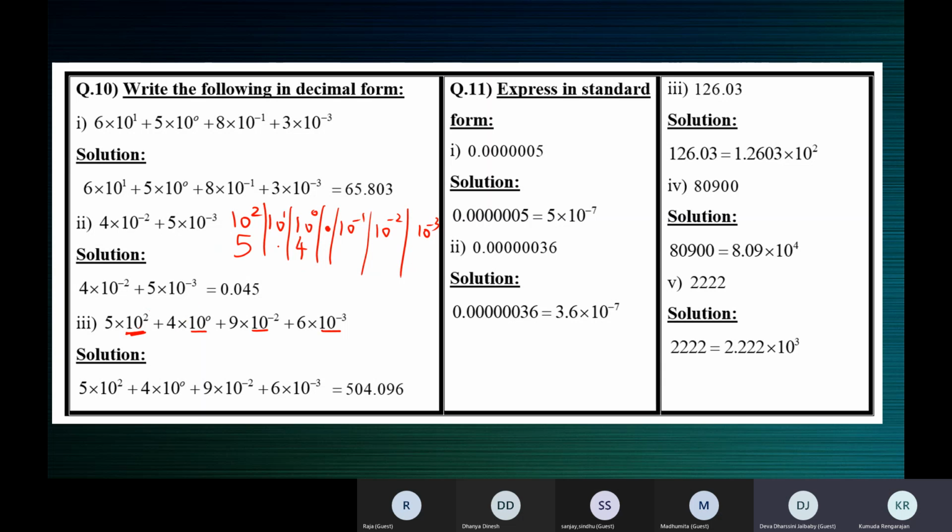Here we don't have any digits, so 0. 10 to the power 1 is 0. Then the decimal point. Here also we have nothing, so 0. Here it's 9. Here it is 6. So the number is 504.096. Yes or no, children? Yes, ma'am.